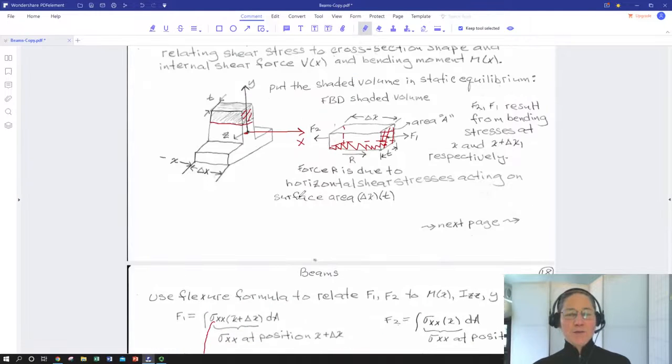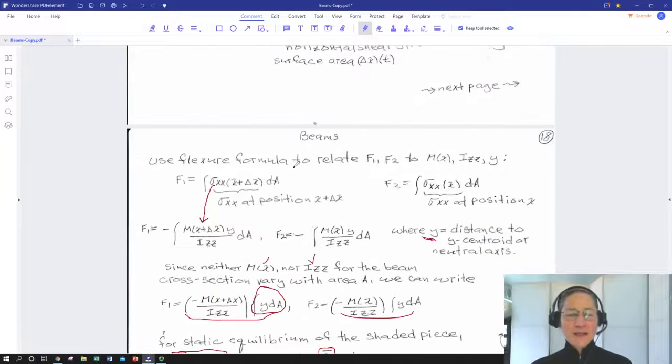So coming back here, if we imagine this point right here is the centroid of our area A on the end of our cut shaded area, and here's our centroid of the beam, this distance is y bar.